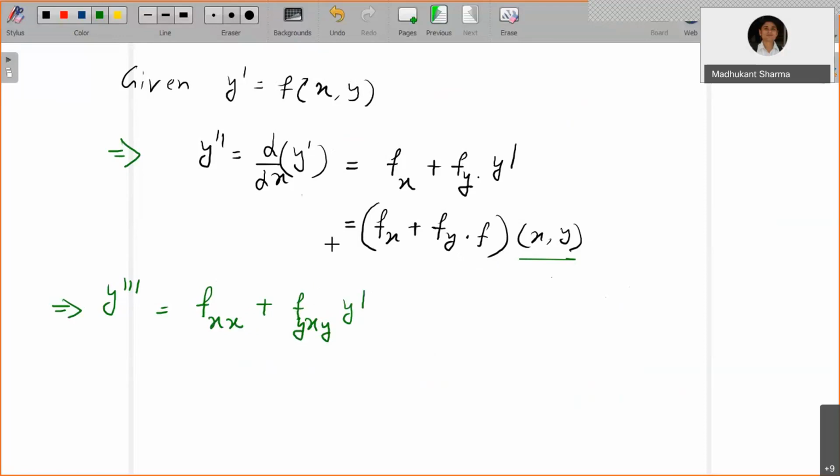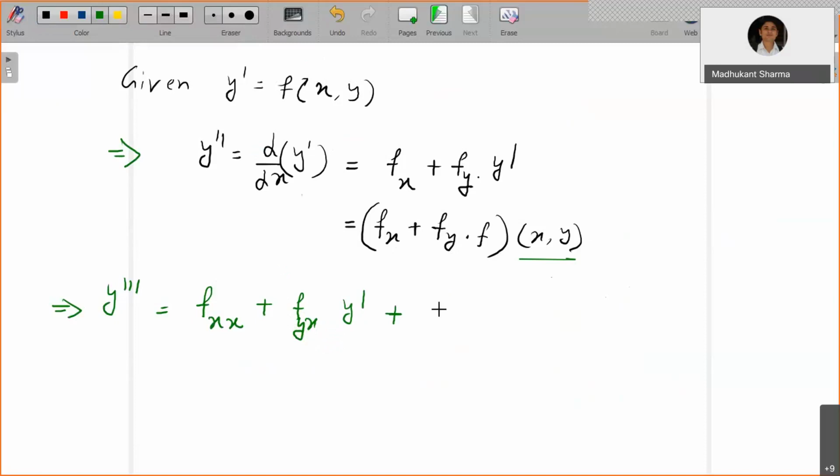In notation form, this is going to be fyx, because it is dou square f by dou y dou x. That is the differentiation of the first term. Now for the second term we are going to use the product rule.